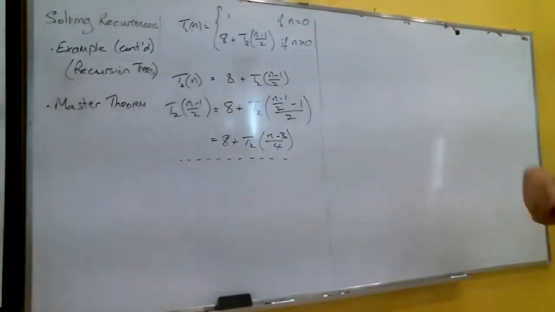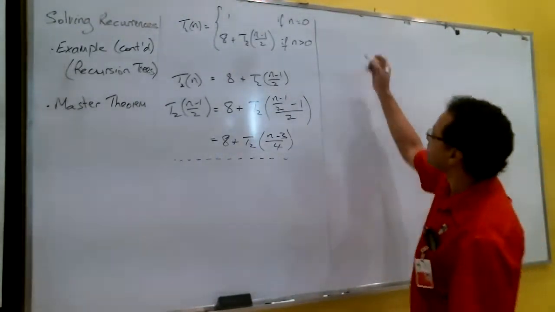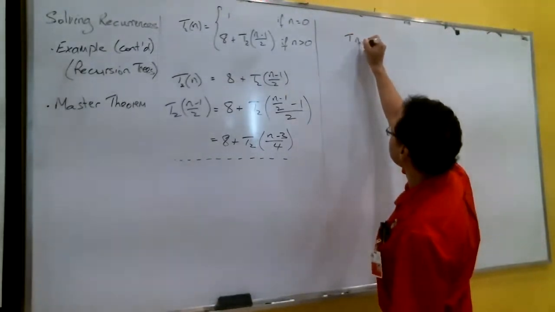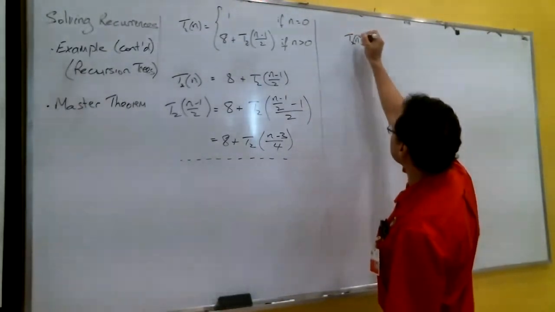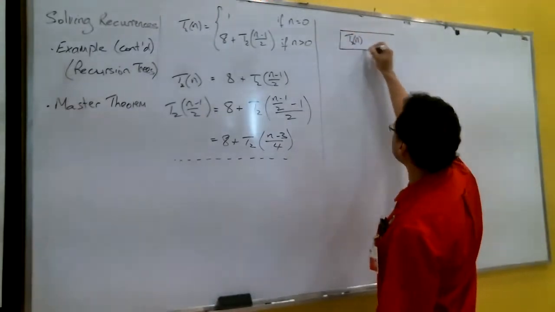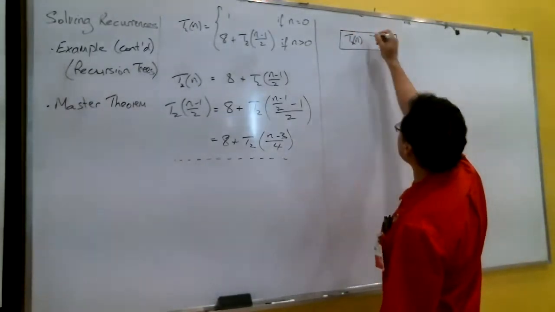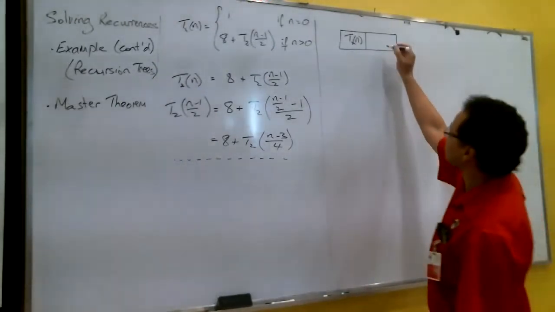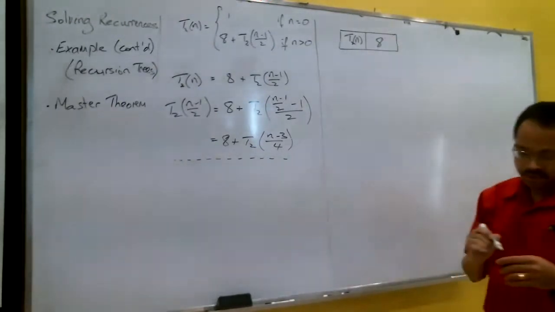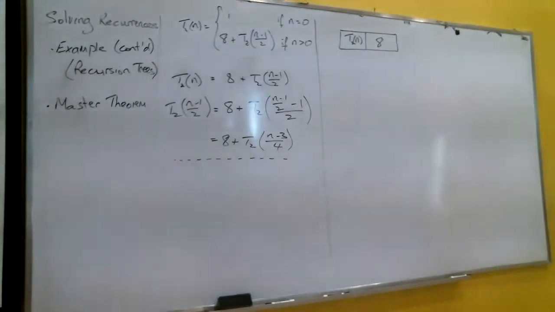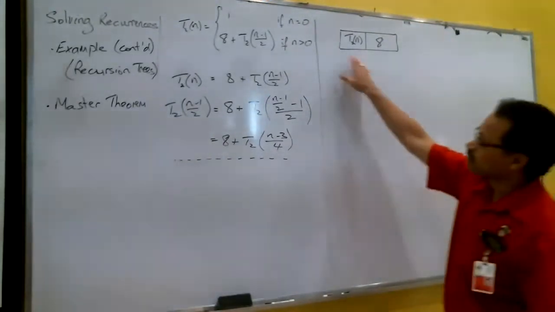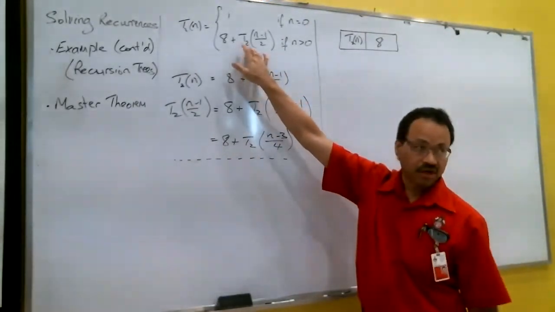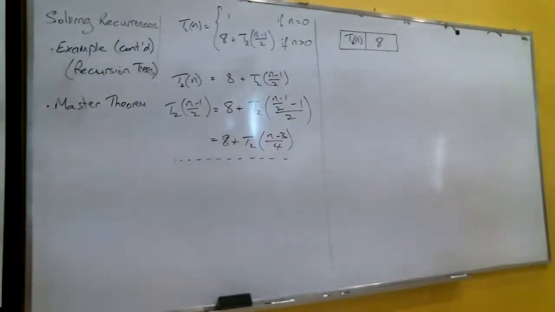So we will draw a recursion tree. And what we're seeing is that the overhead is just 8, and there's one child of that node because there's only one reference to the function itself.